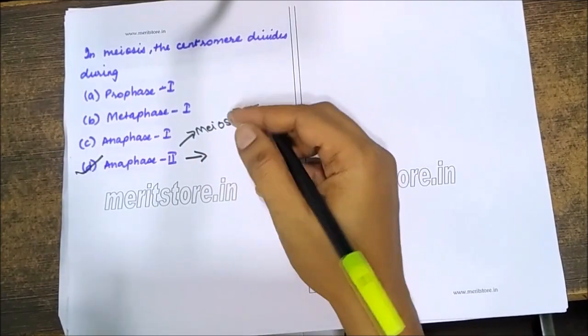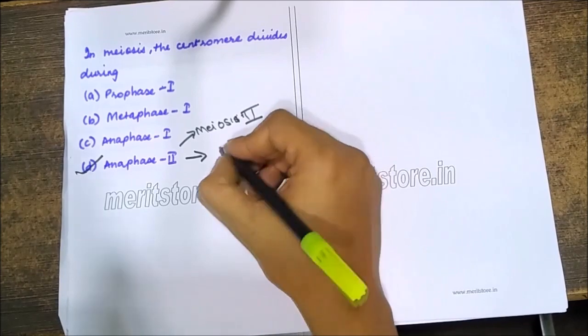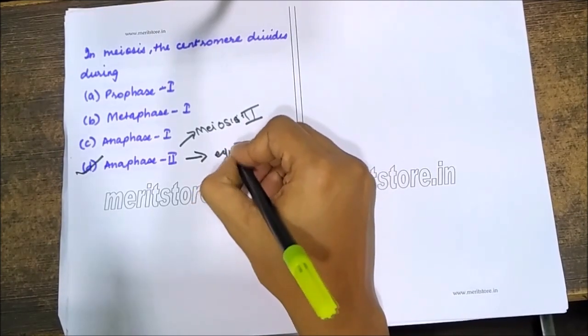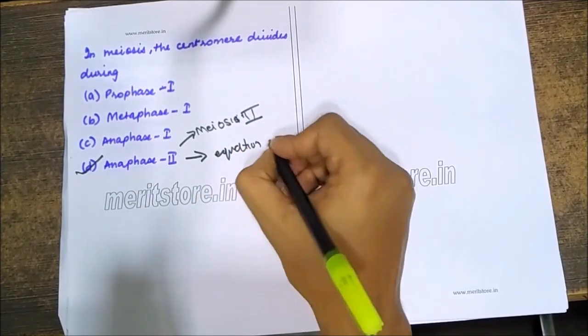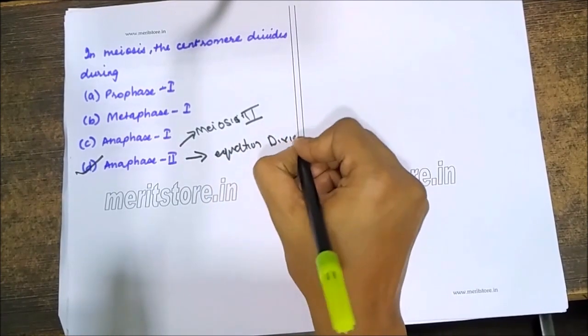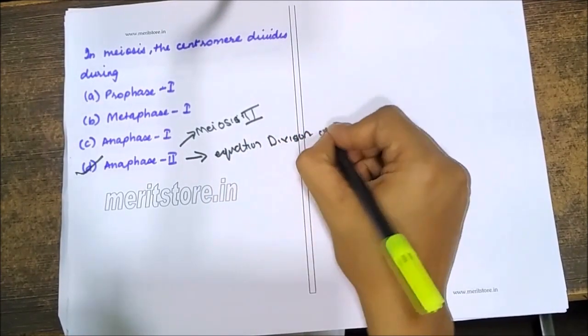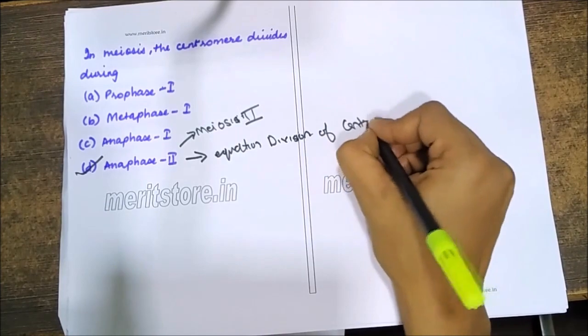Now in anaphase 2, what happens is, there is an equational division of centromere.